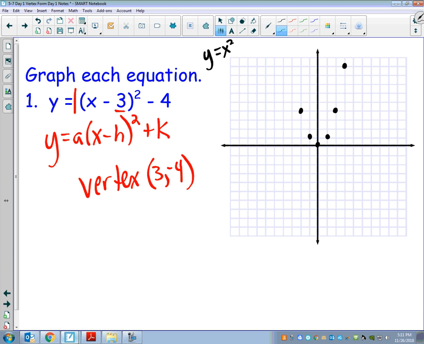Oh, I missed it. And that gives us our parent graph, right? That is y equals x squared.